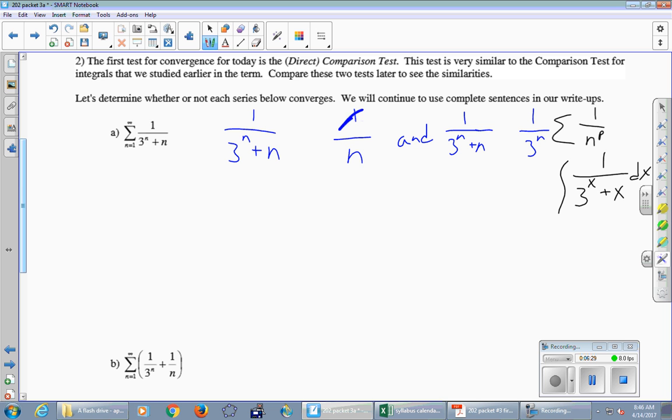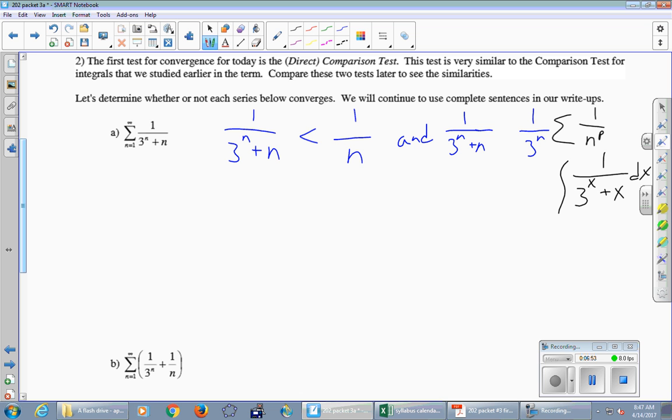So if I ignore numerators here, what symbol would go in between these two? Greater than, right? Because everything's positive and n are the same, and we've added 3 to the n. So we would put a greater than symbol in there, but then we do fractions, so what symbol goes in between? Less than. Everyone agrees? First fraction is less than 1 over n.